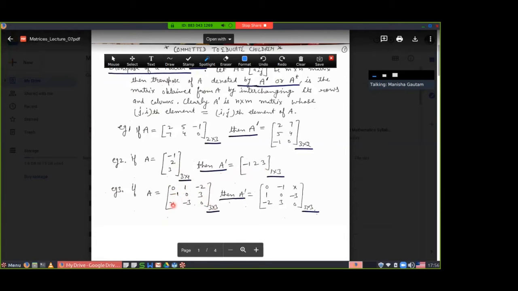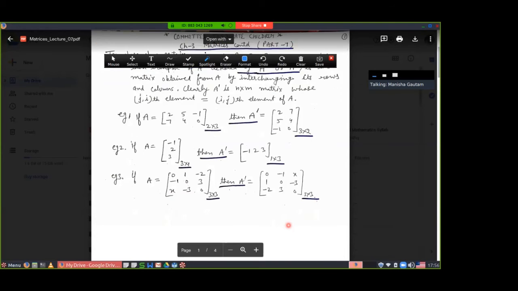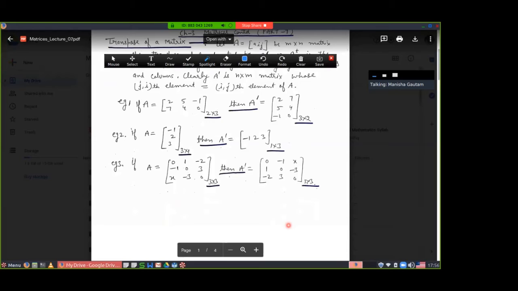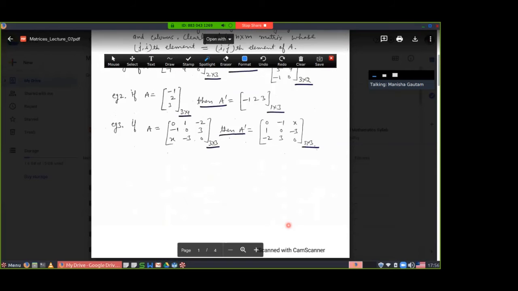Now the first row, that is 0, 1, minus 2, becomes the first column. The second row becomes the second column. The third row becomes the third column. Because rows and columns are the same in number, the order will not change. It means 3 by 3 remains 3 by 3, the same order. Because 3 is replaced by 3, again you get 3 by 3 order. These are the examples to understand the topic transpose of a matrix.